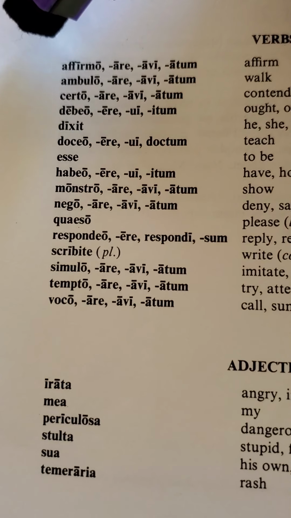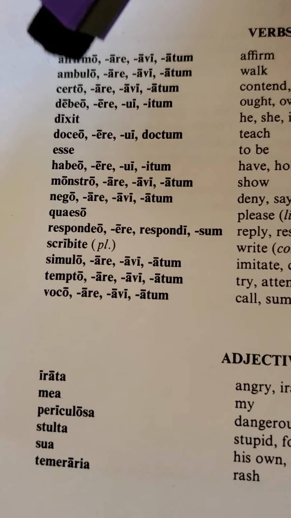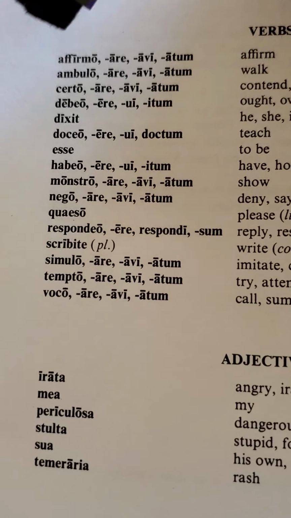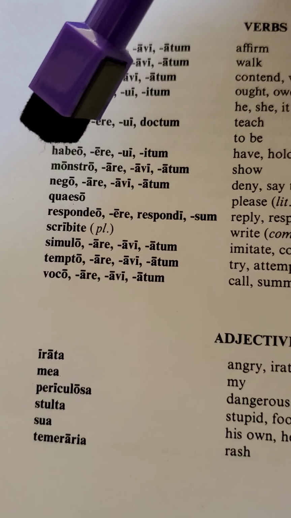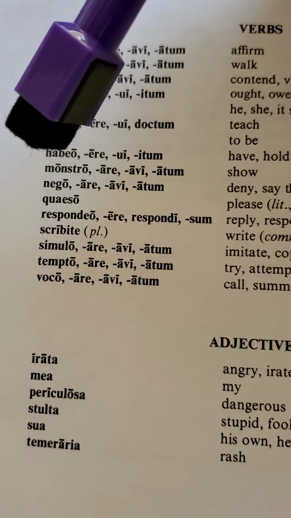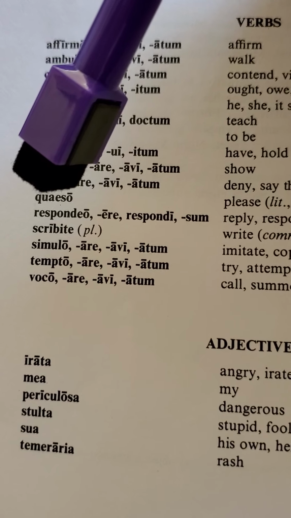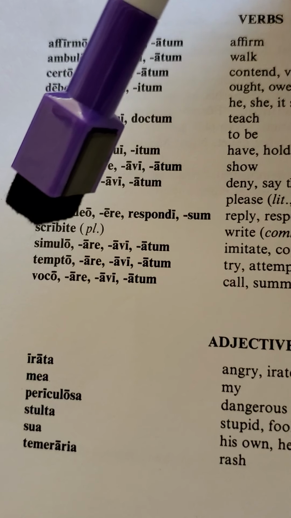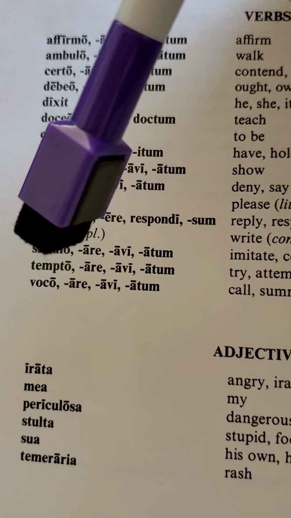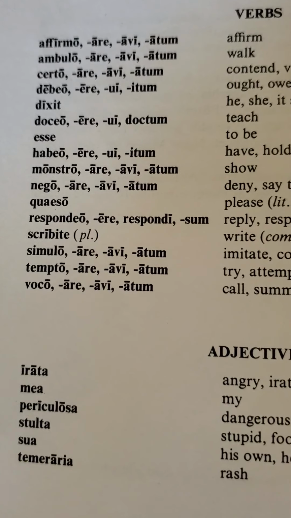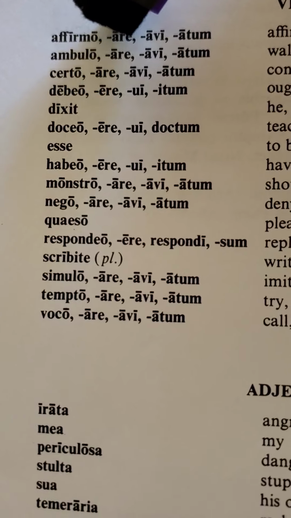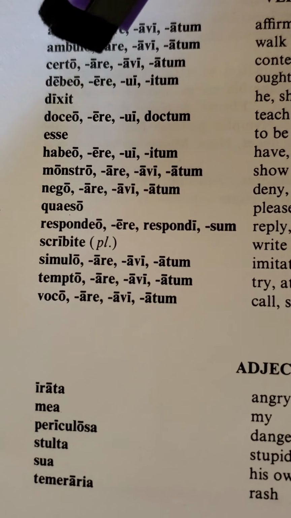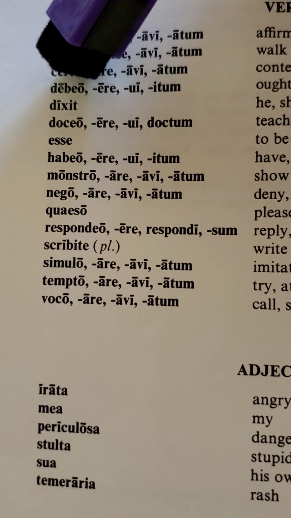So we have affirmo, ambulo, certo, debeo, dixit, doceo, esse, habeo, monstro, nego, quaeso, respondeo, scribite, simulo, tempto, and voco. The one thing to notice is that in the second ending, there's ARE, and then there's ERE.